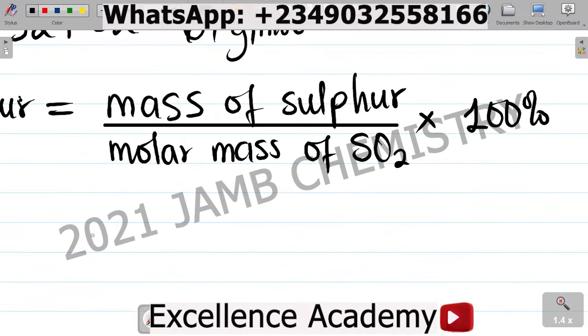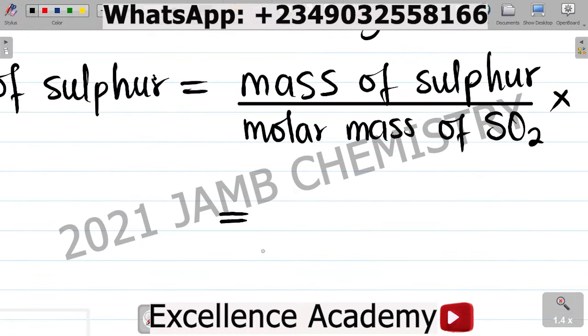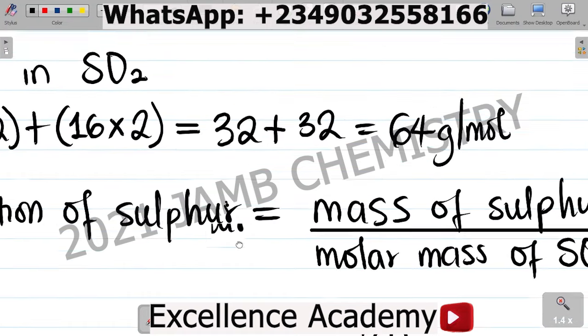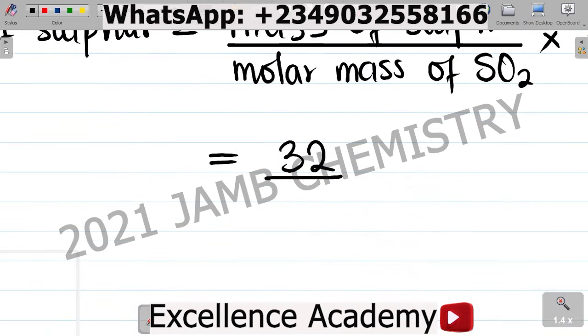So this is equal to the mass of sulfur, or the atomic mass of sulfur as we know it is 32. That becomes 32 all over the molar mass of the compound of SO2. Molar mass is 64 all over 64 times 100%.